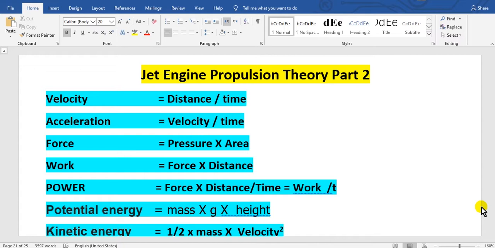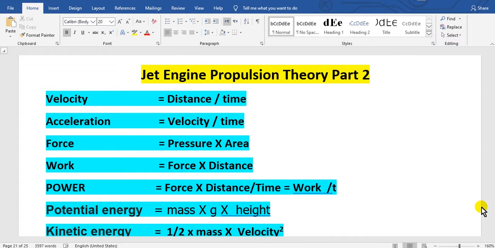This time I will return to the jet engine propulsion theory, part 2. Quick revision about the equations, then the energy, potential and kinetic, then go to the Bernoulli Principles.